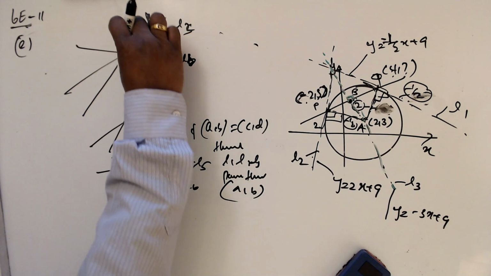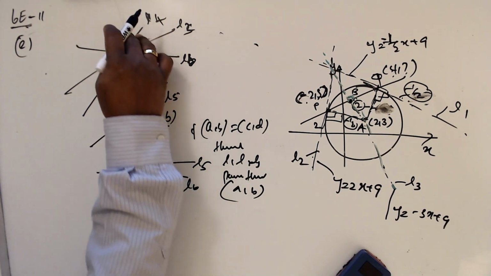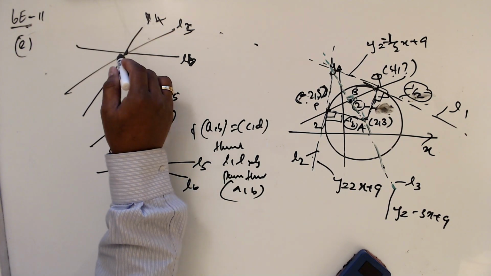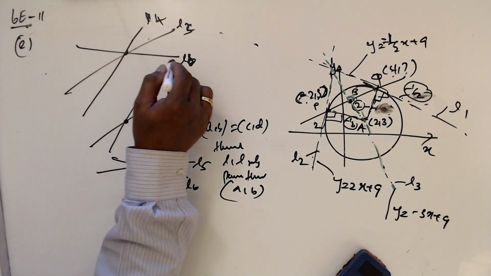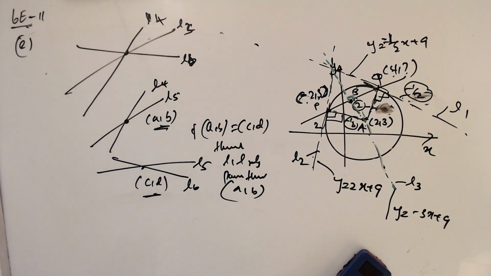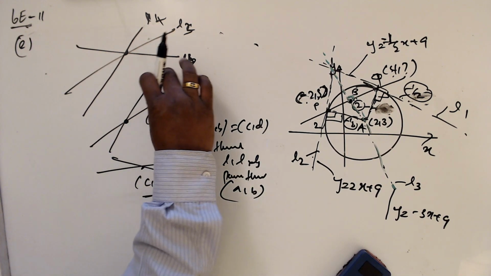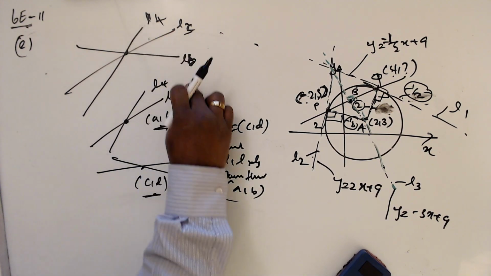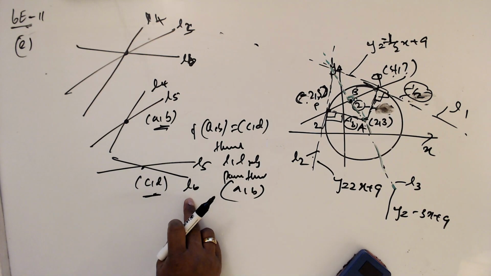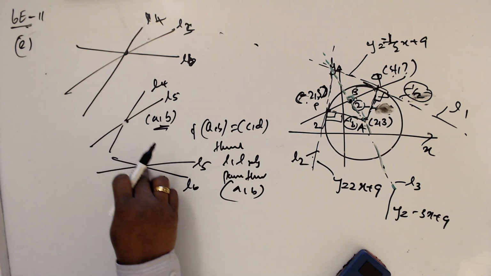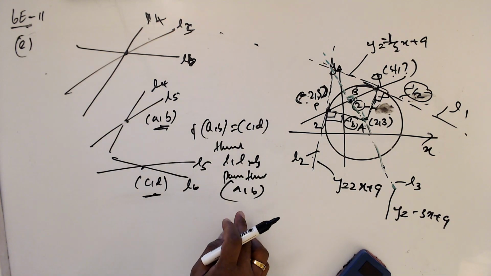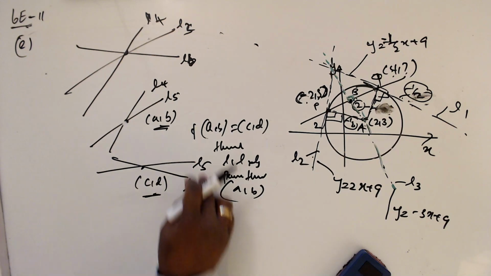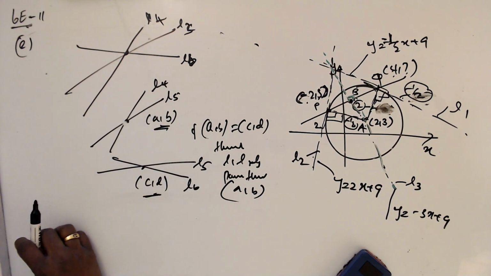So those are the two methods we can use to show this. The first one is to take two lines, intersect and solve, find the point, and show that it satisfies the other equation. Or we solve L4, L5 and L5, L6, and we get two intersection points, and if these intersection points are the same, then all 3 lines go through the same point.